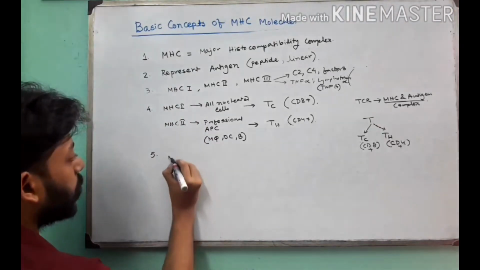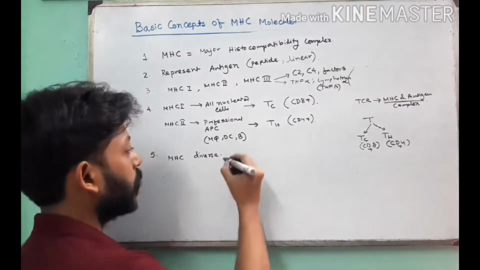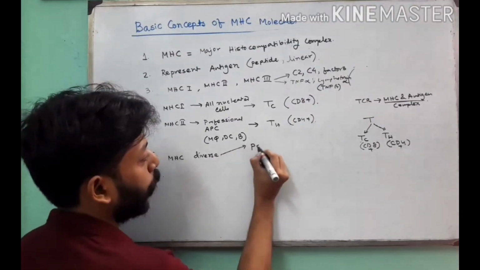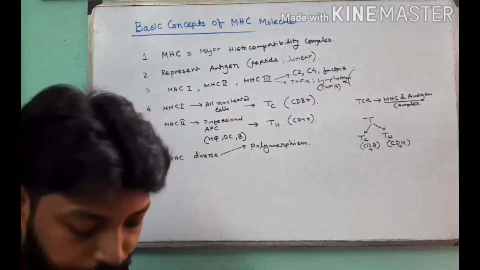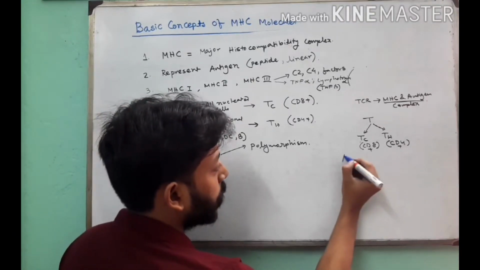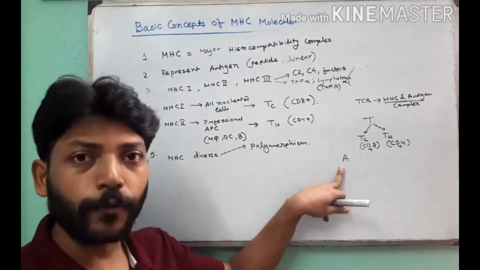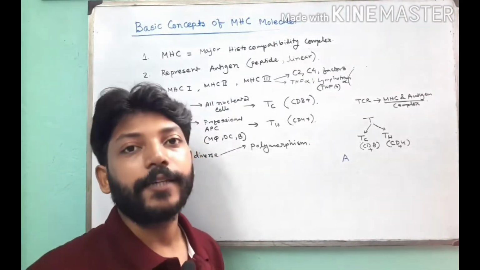So MHC is diverse. The reason behind this diversity is, one, polymorphism. Polymorphism means, let's assume this MHC molecule is expressed from a gene called A. Polymorphism means alternative allelic forms.